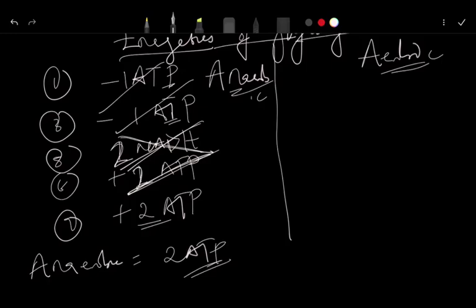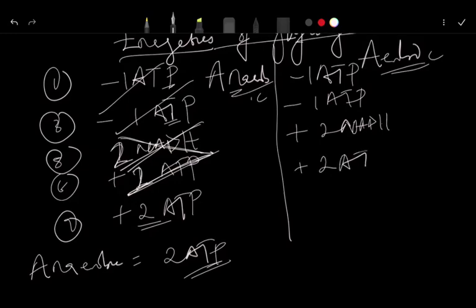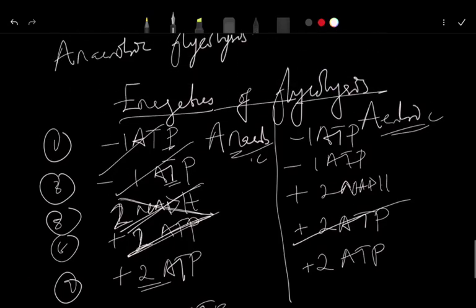While for aerobic, again the calculation goes the same. Minus 1 ATP for step 1, minus 1 ATP again for step 3, then plus 2 NADH for step 5, plus 2 ATP for step 6, plus 2 ATP for step 9. Now, this 2 ATP we use to cancel these minuses here.